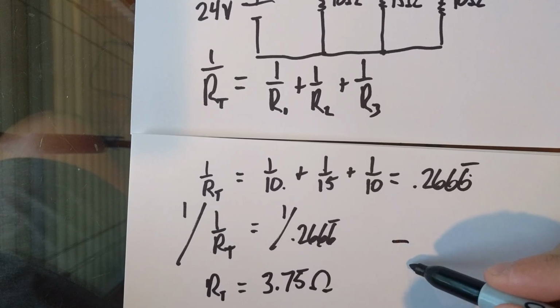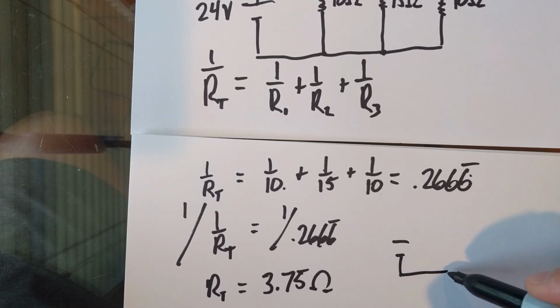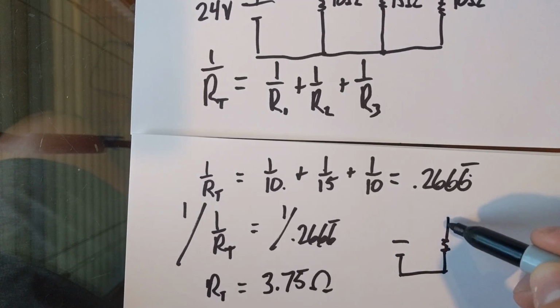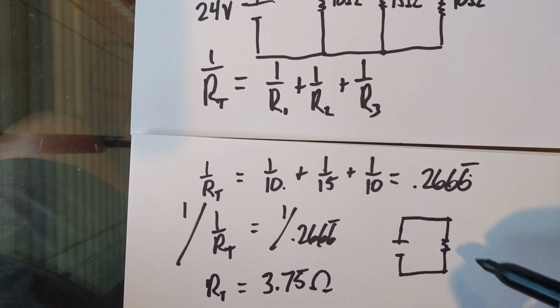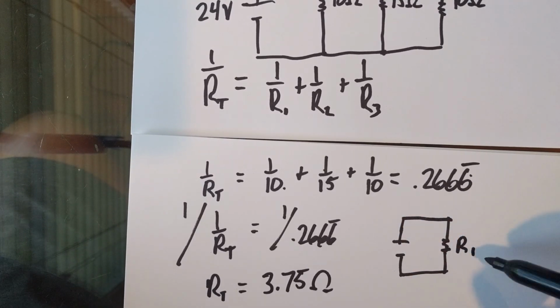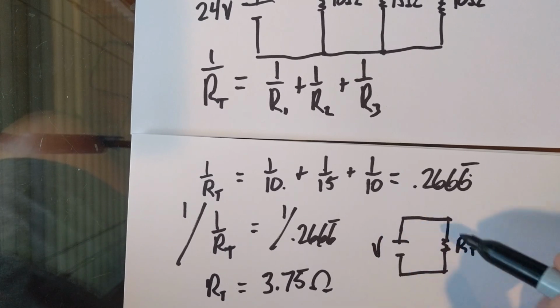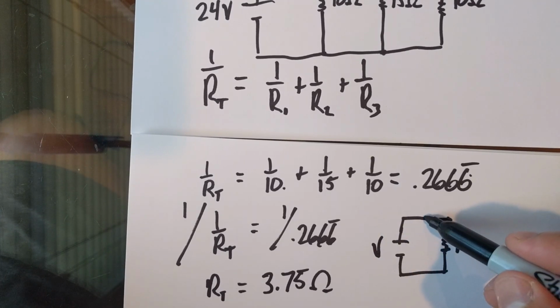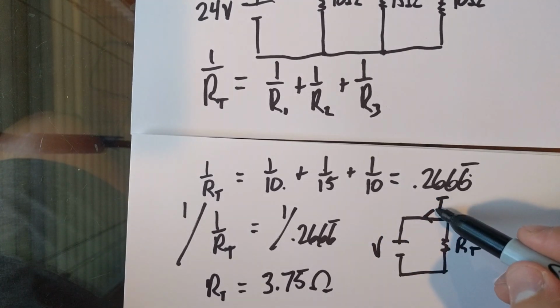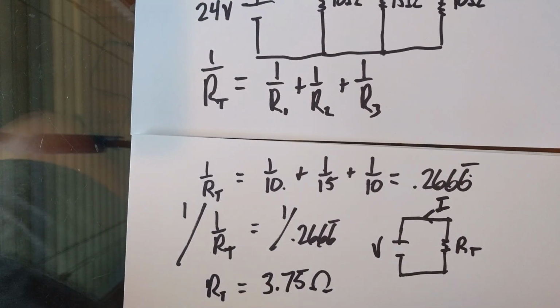Realistically, what we've done is we've made this into a simple circuit. Now we're just looking at this one, which has RT and voltage. And now we can talk about the current that is going through the circuit.